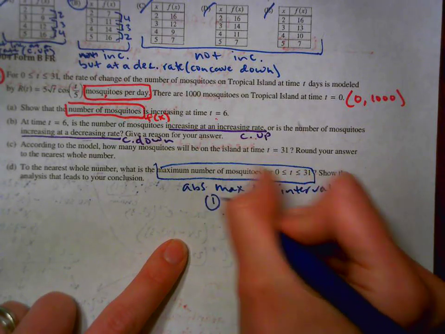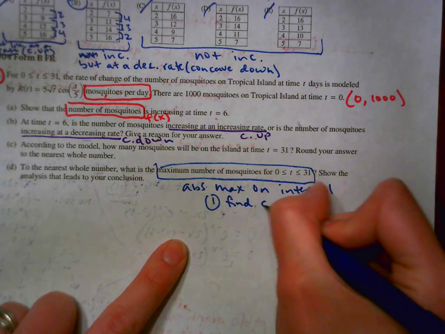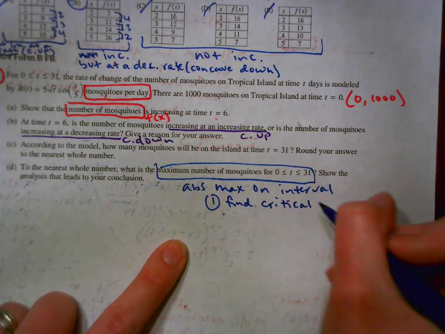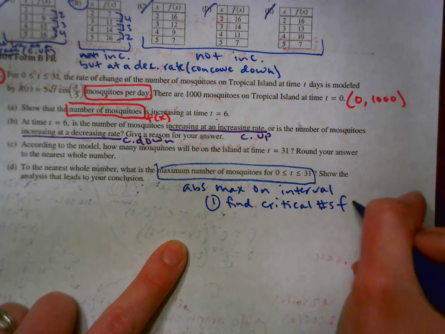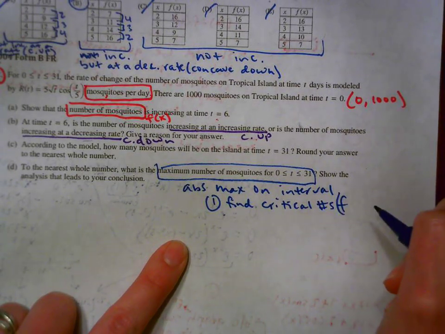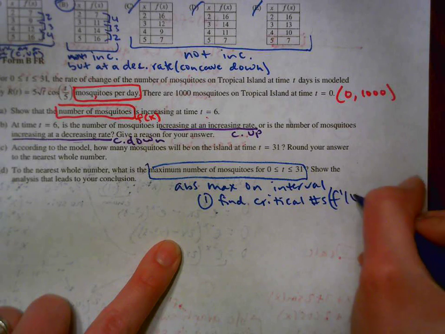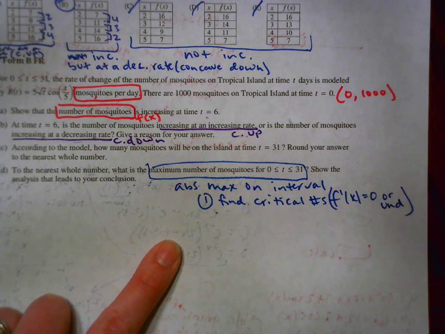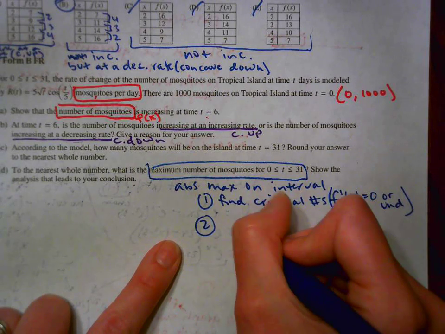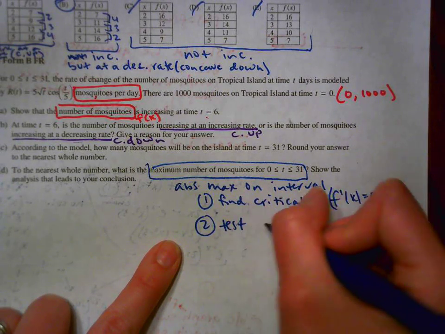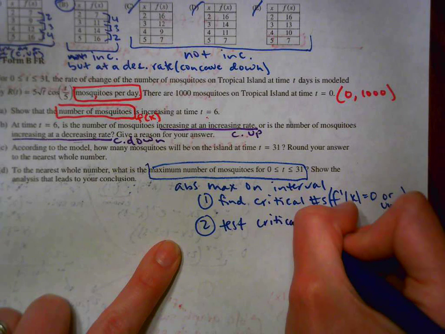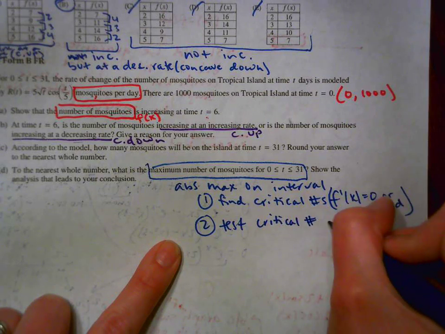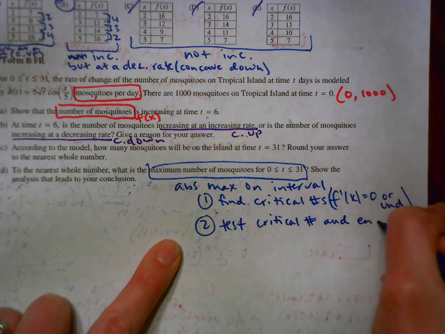You first find critical numbers, which is when f prime of x equals 0, or technically undefined if that applies. And then you test your critical numbers and your endpoints.